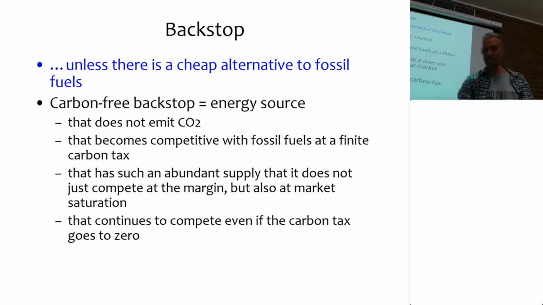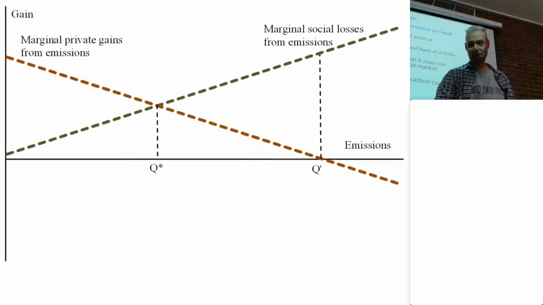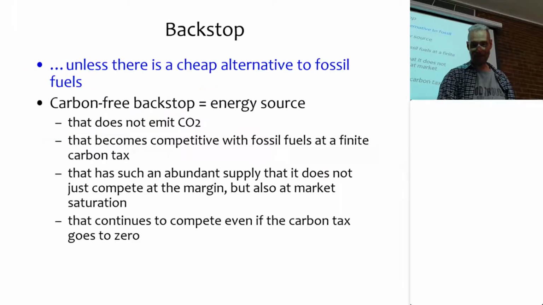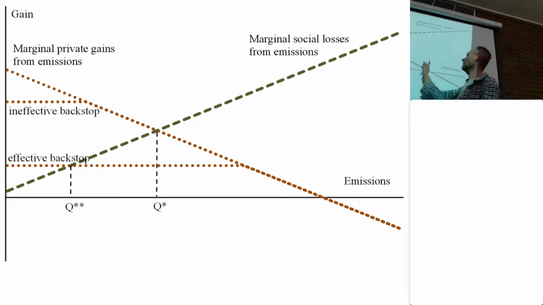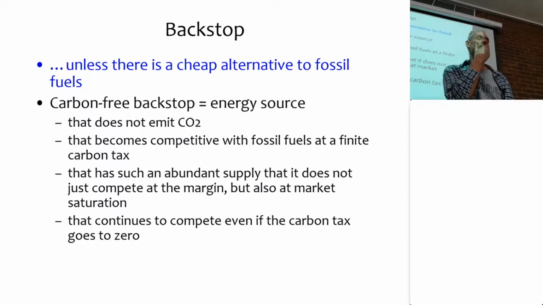So you go here, and then actually this has to go to 0. The emissions go to 0. And why would you impose a carbon tax at this point, right? Your problem is solved.